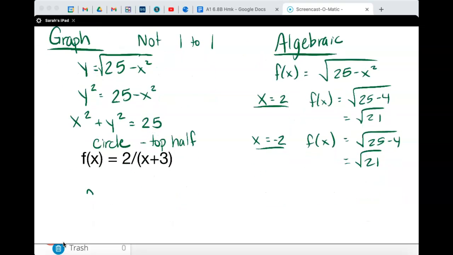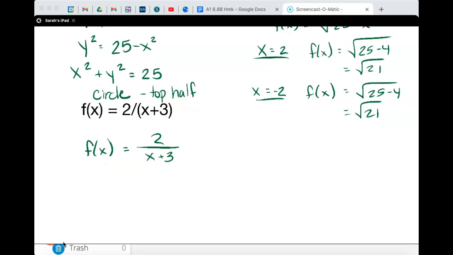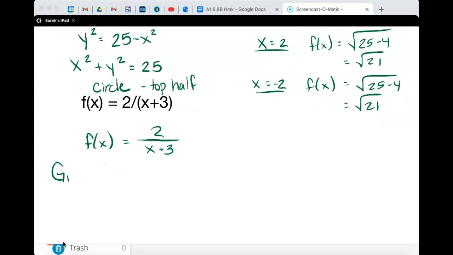Here's a different one. Same thing, I want to figure out, is this a 1-to-1 function or not? So I guess if I could, I'd always think about it as a graph. So does anybody remember what the graph of this would look like?